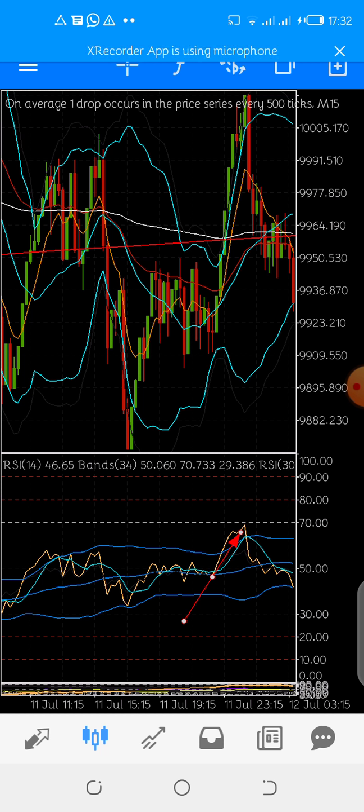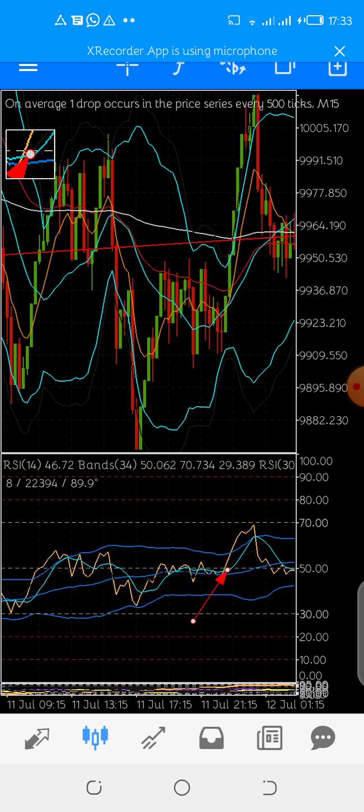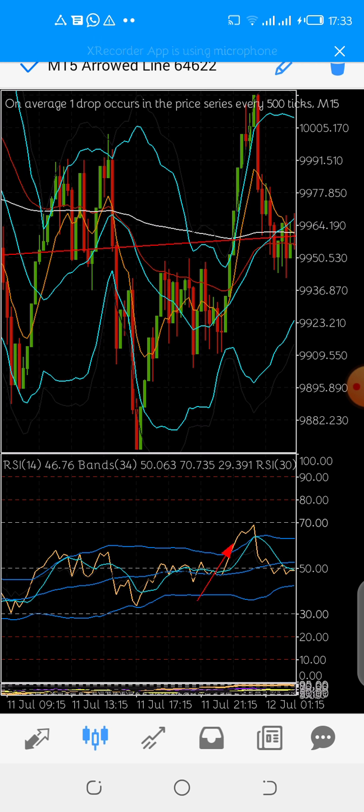If or when the RSI goes out of the Bollinger Bands in a very sharp manner, like the bands were not moving with it, like the RSI itself just shot out of the band and went straight up, you find there's a sharp angle between the blue line and the golden line, like an angle of 45 degrees. So you know that after 3 or 4 candles, it will be dropping back, okay?